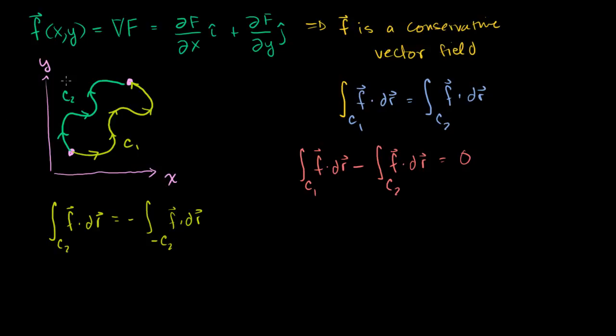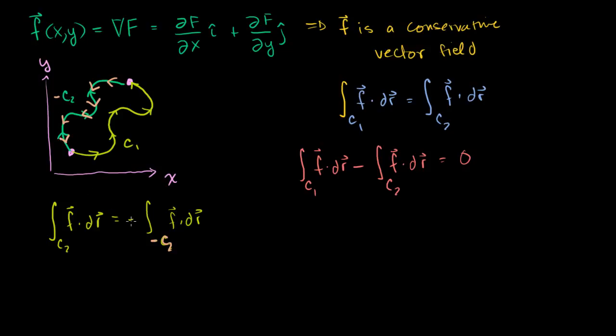So for example, minus C2 I would write like this. So let me do it in a different color. So let's say this is minus C2. It would be a path just like C2, but instead of going in that direction, I'm now going to go in that direction. So ignore the old C2 arrows. We're now starting from there and coming back here. So this is minus C2.